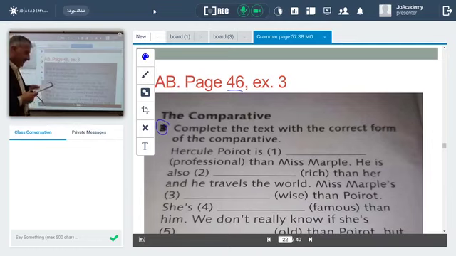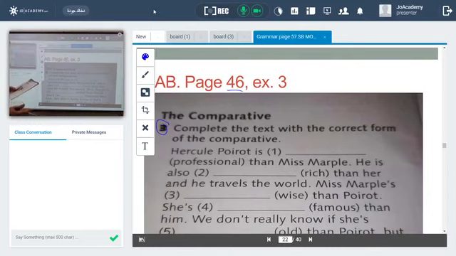We have 6 sentences. We need to fill in the blank with the right adjective. Complete the text with the correct form of the comparative. Try now to read and solve, and we will check the answers after you finish.